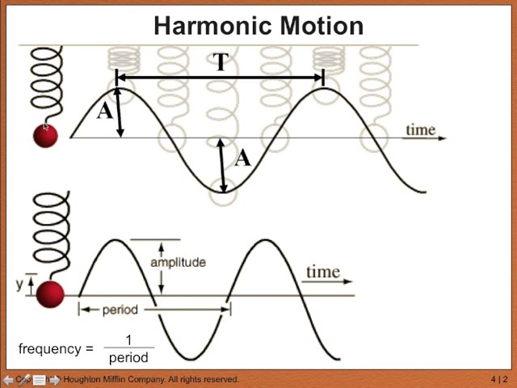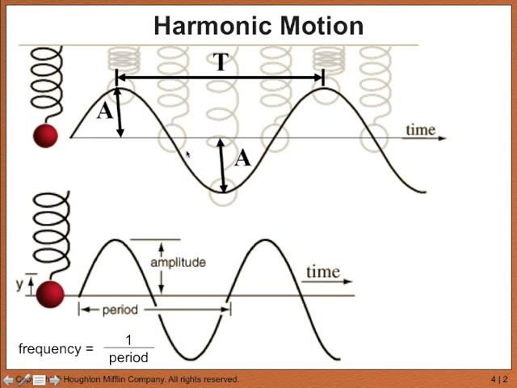Okay, so we begin with the starting position, and then the red ball goes up, so it's compressing the spring, and then it comes down, goes through the equilibrium point, and at that particular moment it's at its resting length, so it's neither stretched nor compressed.